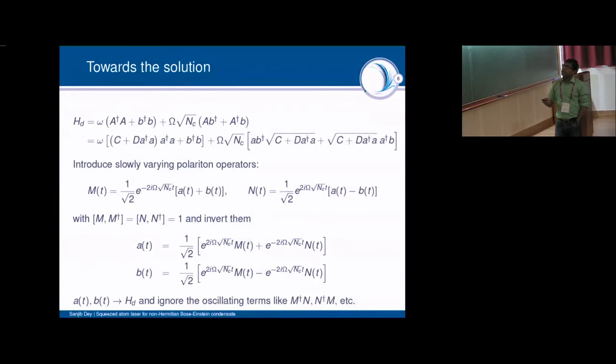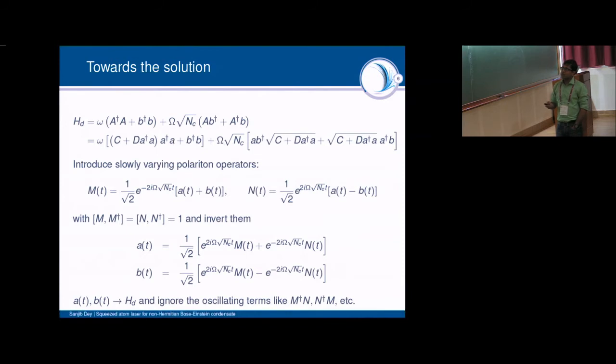So the Hamiltonian will be deformed according to this, because we now have A dagger A and all these small a's replaced by capital A's, so that we have this Hamiltonian, and that can be solved by using some polarity operators, which are just a kind of transformation of the basis.